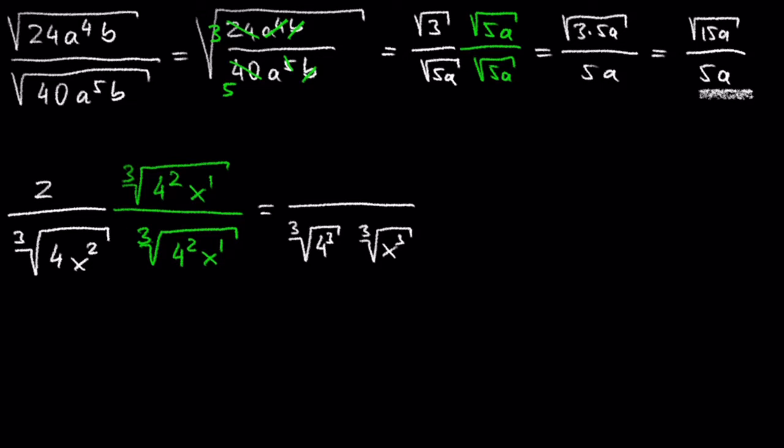On the top, we get 2 times the third root of 16x. The third root of 4 to the 3 is 4, and the third root of x to the 3 is x.